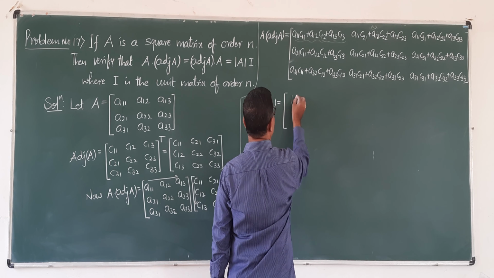Therefore, from equations 1 and 2, it follows that A into adjoint of A is the same as adjoint of A into A, which is equal to determinant of A into I. This is general, so remember it.